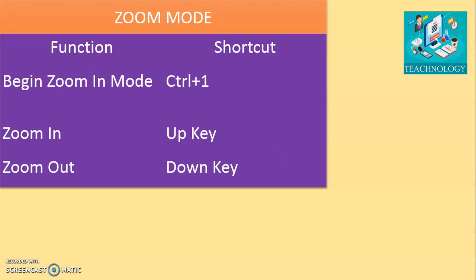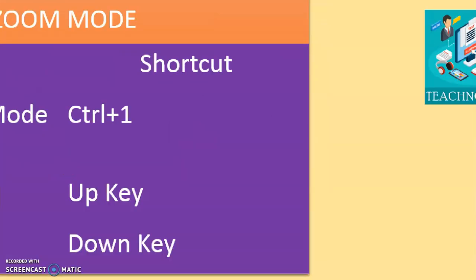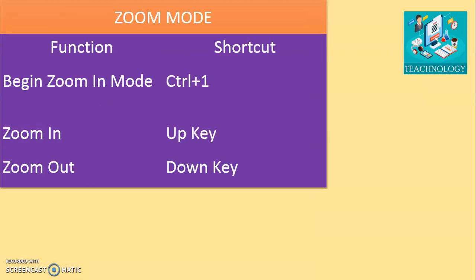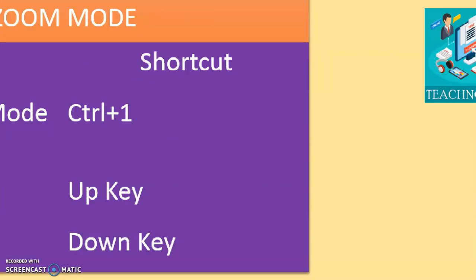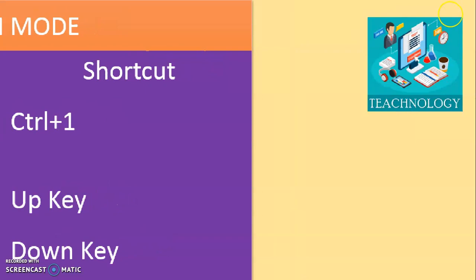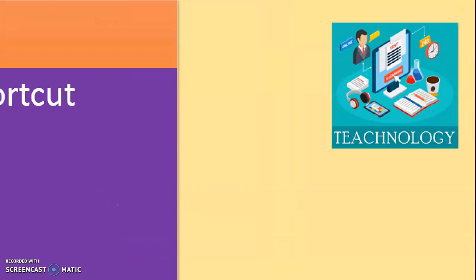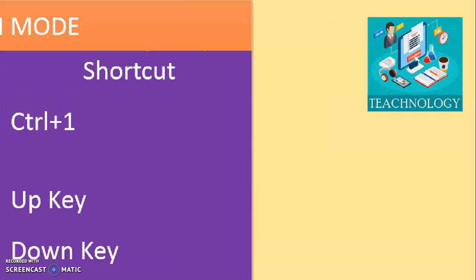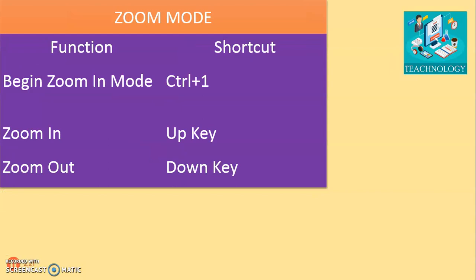The first mode that you see in Zoomit app is the zoom mode. The zoom mode is very simple. If you want to zoom the screen, just click Ctrl+1. You can zoom in. If you want to zoom in further, simply press the up key in the keyboard. If you want to zoom out, press down key.